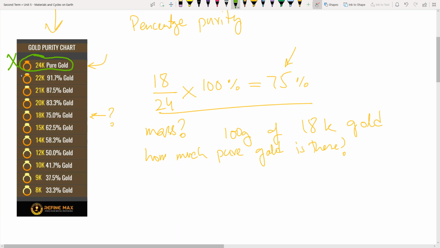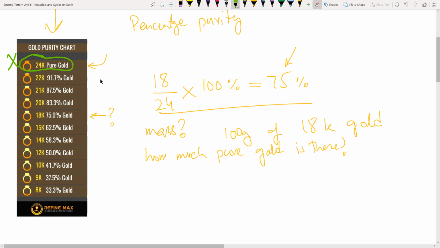You cannot make a bangle or a necklace using this, because 24 karat gold is so soft that once you wear that necklace, it would start bowing, and after a while it would be elongated or D-shaped. Similarly, if you're wearing a bangle, talking about the girls, or a ring made out of 24 karat, even with a slight force that gold would be deformed, it would be D-shaped, and it will lose its design.